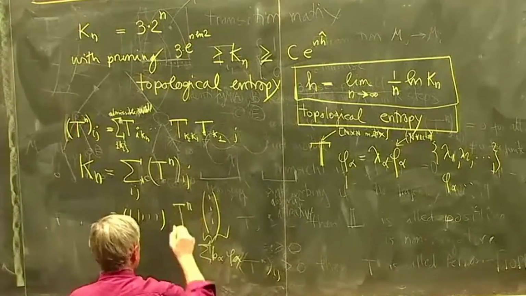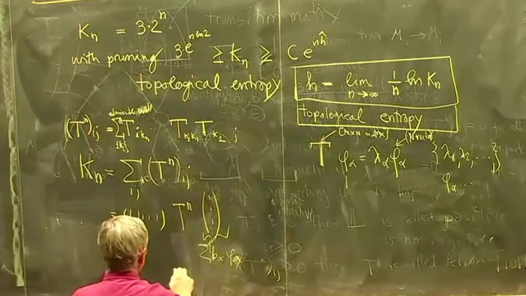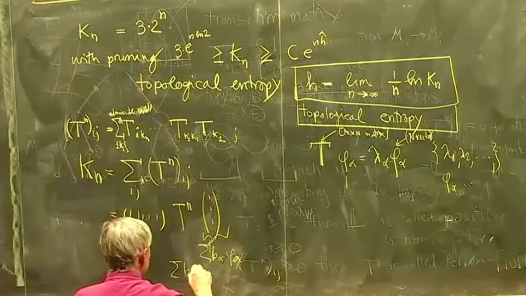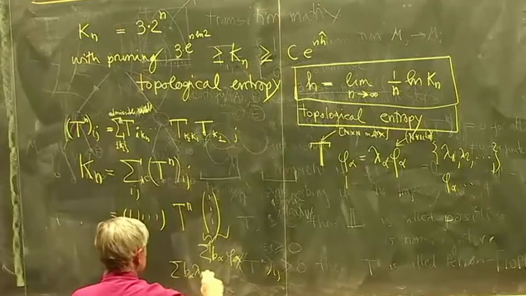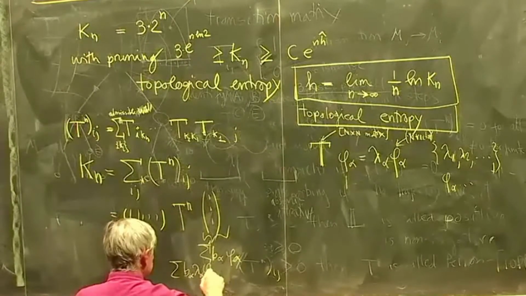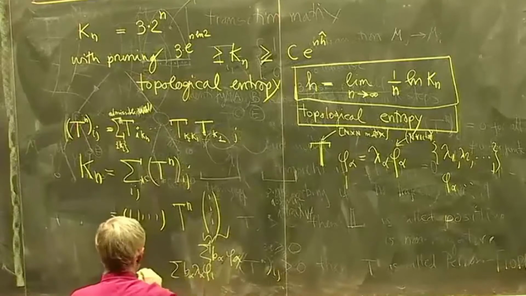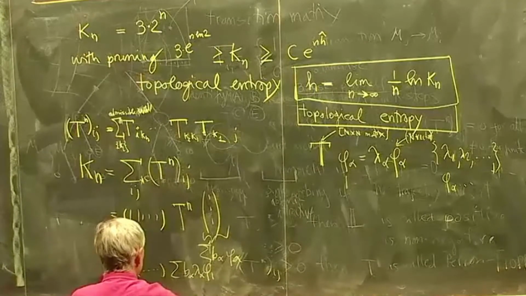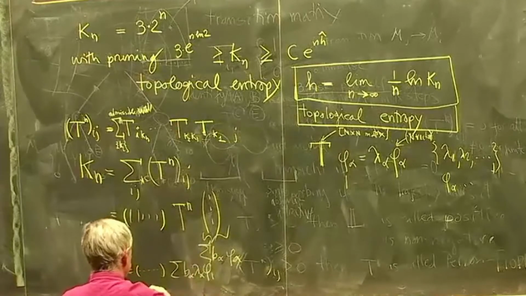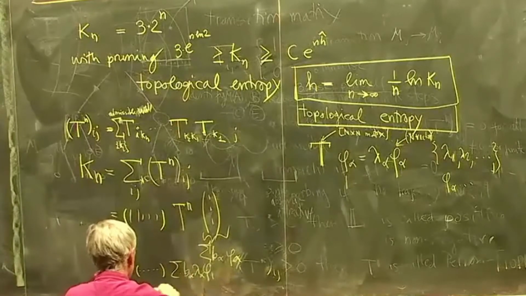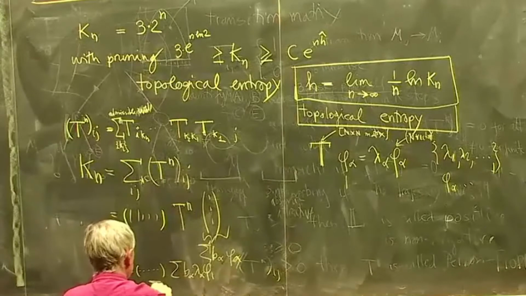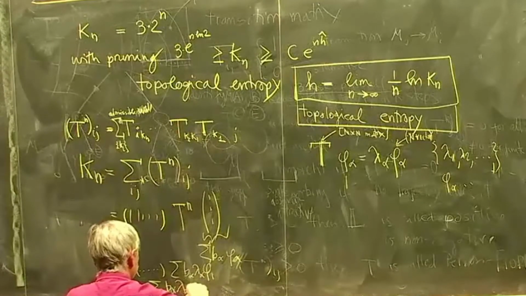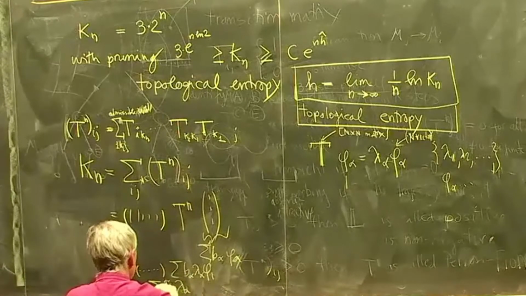Acting on it, we just get a sum over b alpha lambda alpha times the vectors phi multiplying this vector here. So there's a column, so when I multiply, I get some other number, and I'll get a sum over b alpha, lambda alpha, some other number.